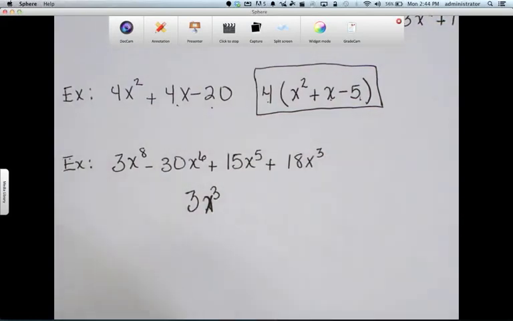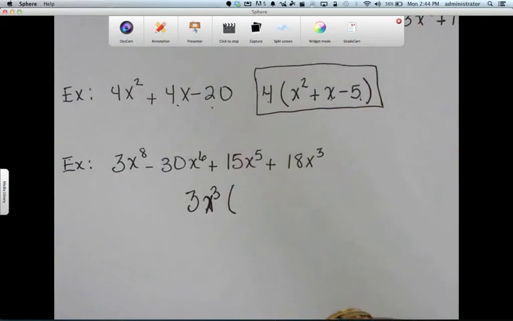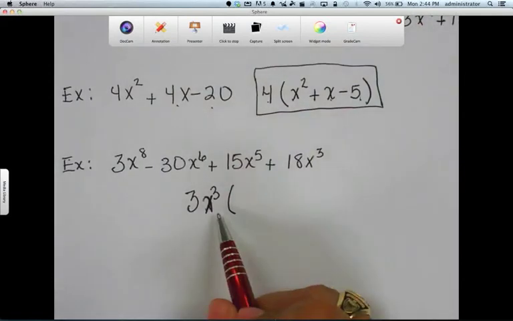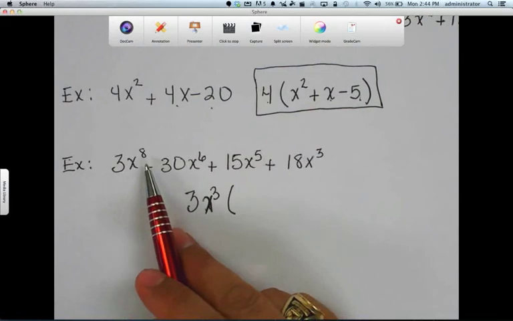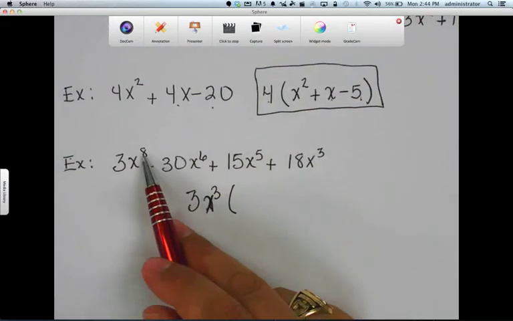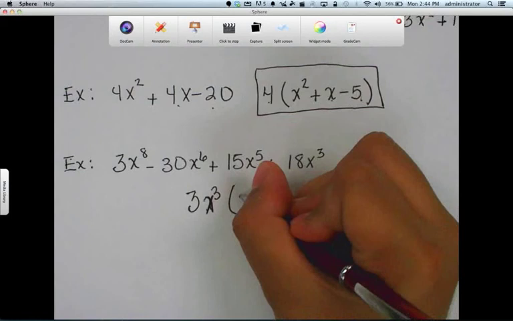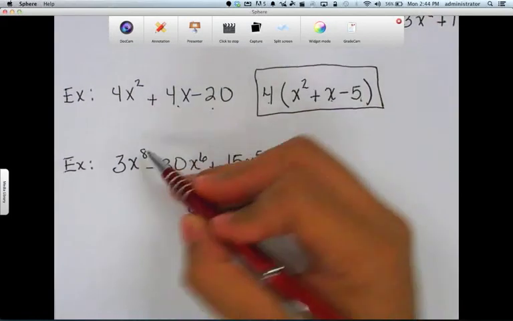Hopefully that looks like x cubed to you. So I pulled out 3x cubed, then 3x cubed times what gives me 3x to the 8th? Well, I've got the 3, I've got x cubed, I'm missing 5 more of these x's. So x to the 5th, because 3 plus 5 is 8.